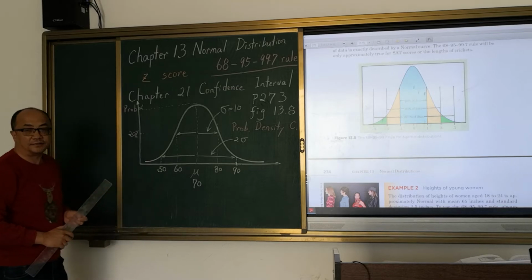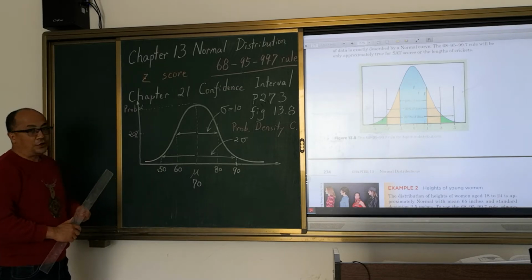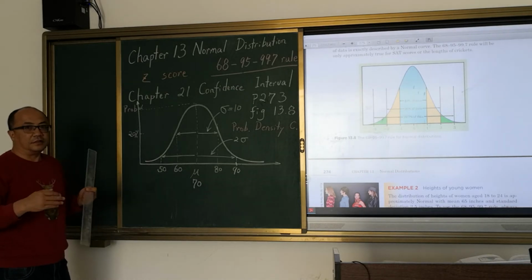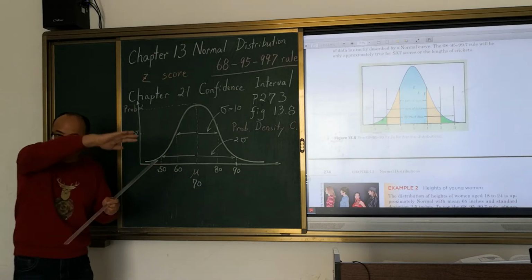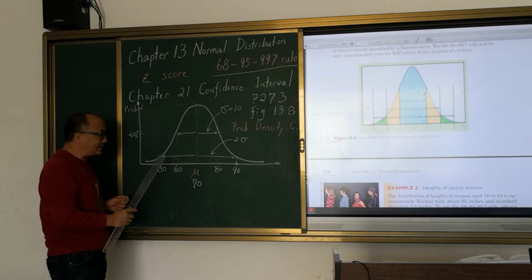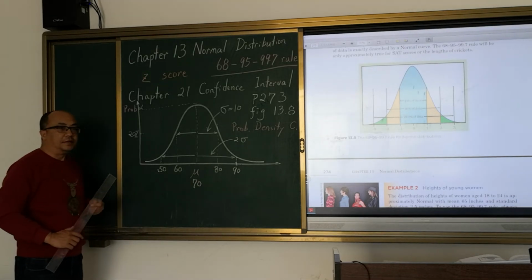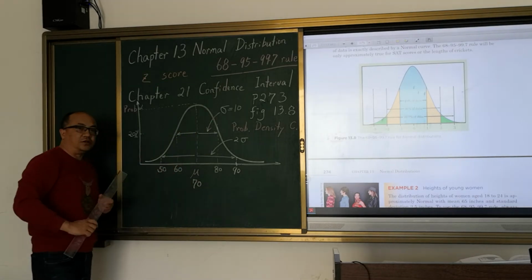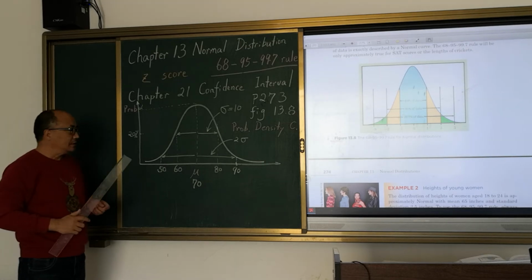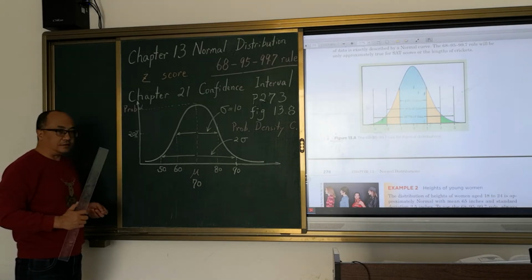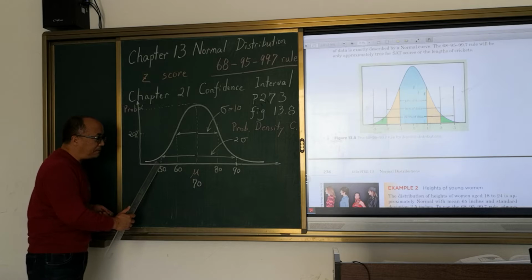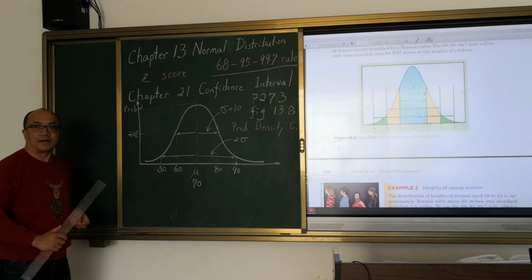Or you can say 68% of total students' scores are between 60 to 80, and 95% of all the students' scores are between 50 to 90.